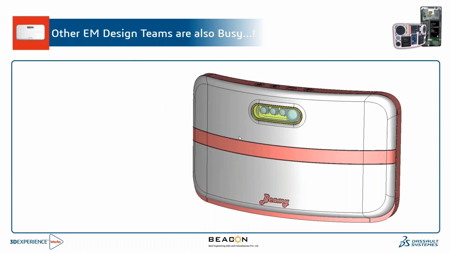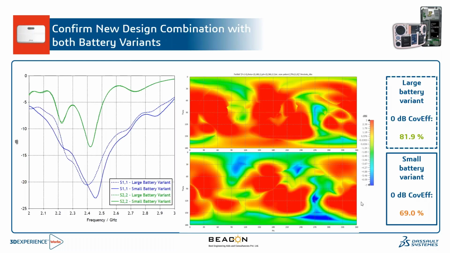So once we do this comparison study, we will come to the conclusion about how well the antennas are placed and what is the best coverage efficiency we can come up with.